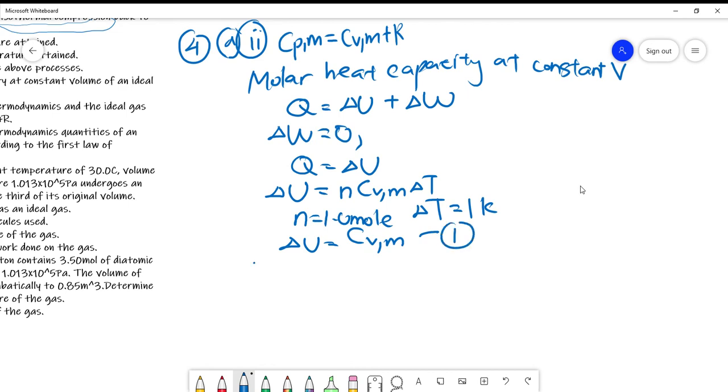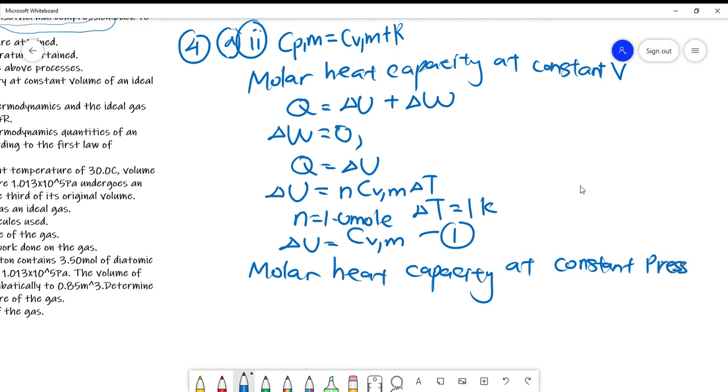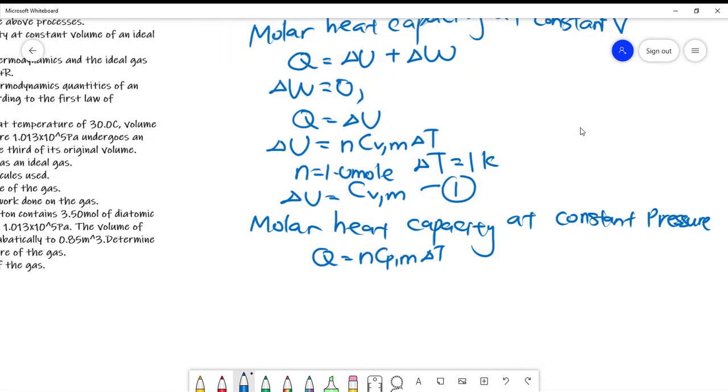So let's just go through the molar heat capacity at constant pressure. So our Q is n CPM delta T. So since we raise the temperature of 1 mole of gas by 1 K, the temperature change is actually 1, and 1 mole as well.